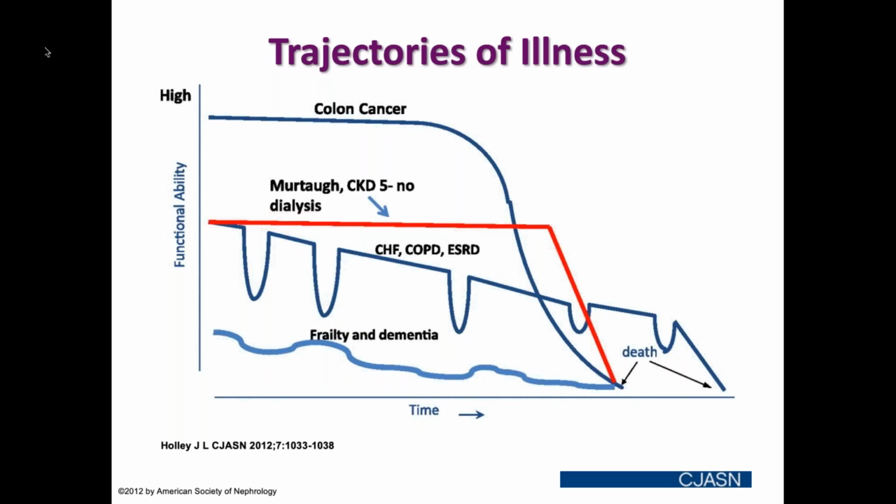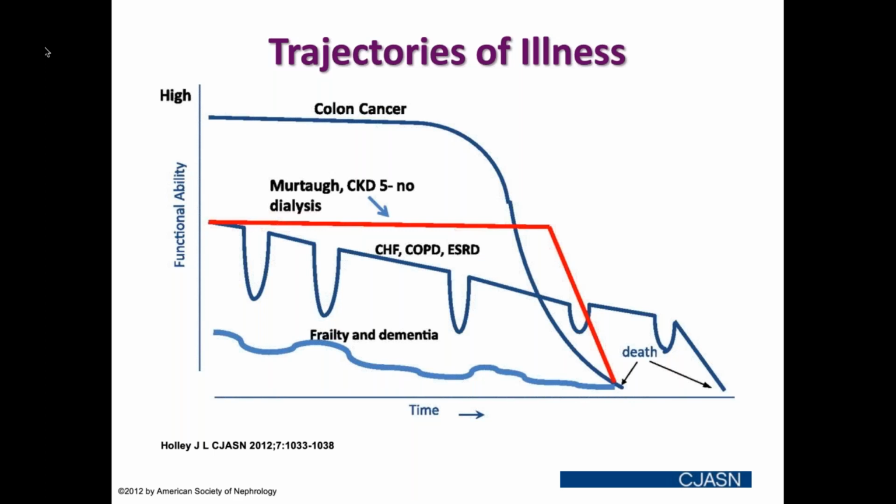In the middle, you see the trajectory of a chronic illness, which is the kind of illness that end-stage kidney failure patients have. At the time they start on dialysis, for example, they have a functional ability somewhere in the middle of a patient with colon cancer and one with dementia, and they slowly progress downhill, but they have deep troughs because of intercurrent illnesses, which they experience either because of the basic disease condition or because of the treatment, such as dialysis.